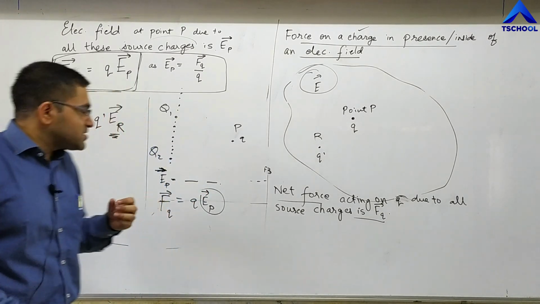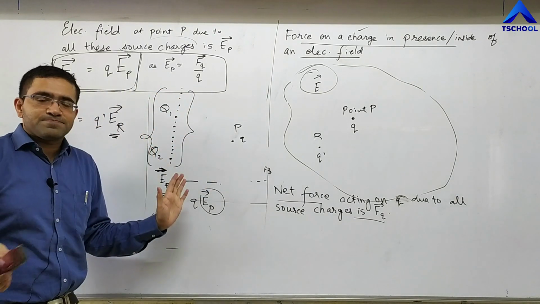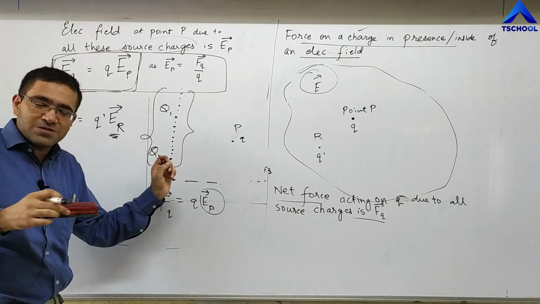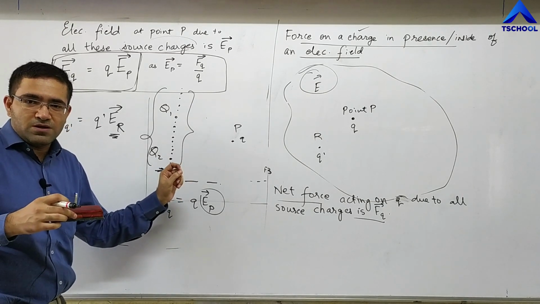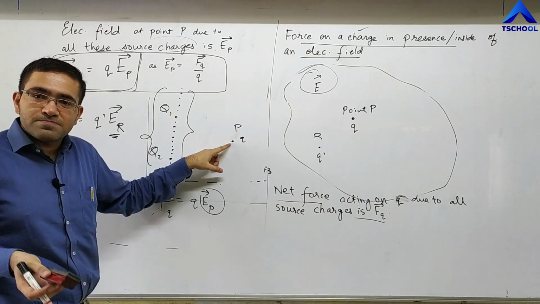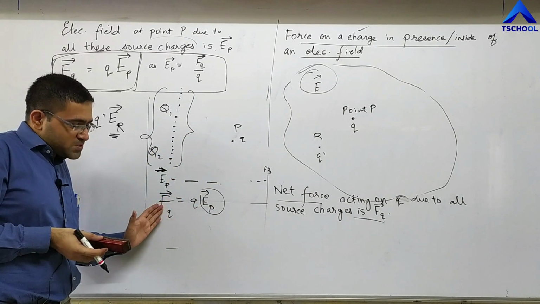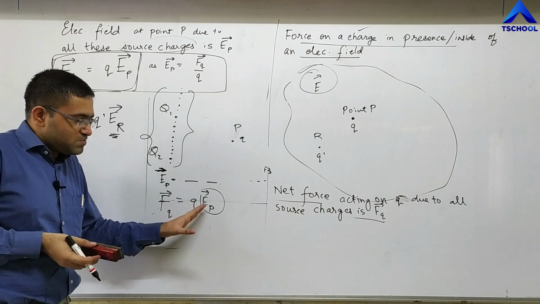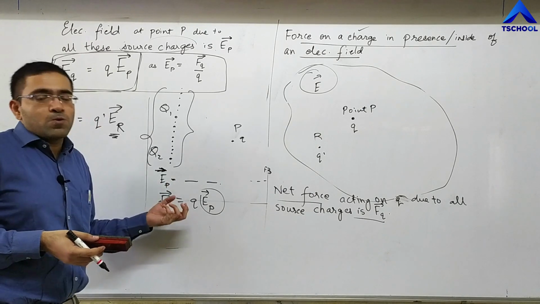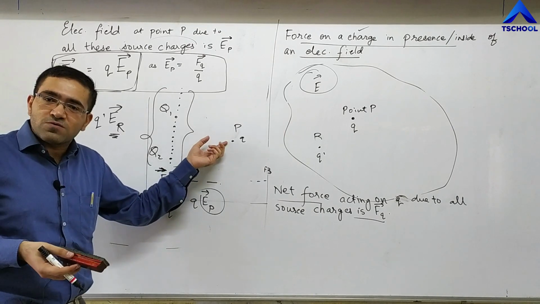You know the effect created by all these charges at this point P, because electric field is a property of a point in space. All you have to do is take the force as simply Q multiplied by the electric field at point P, and you would immediately know the force acting on that charge Q if you place it there.